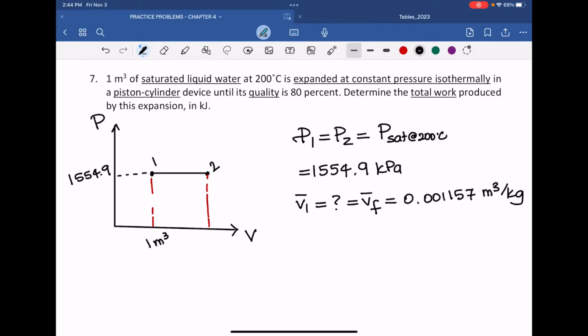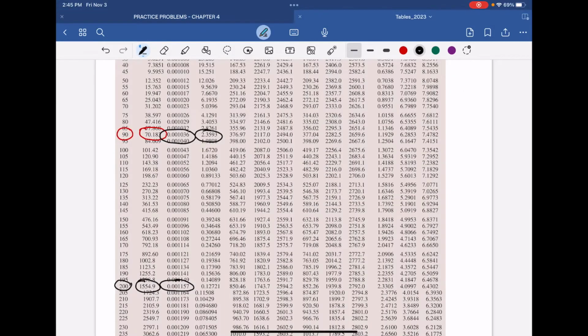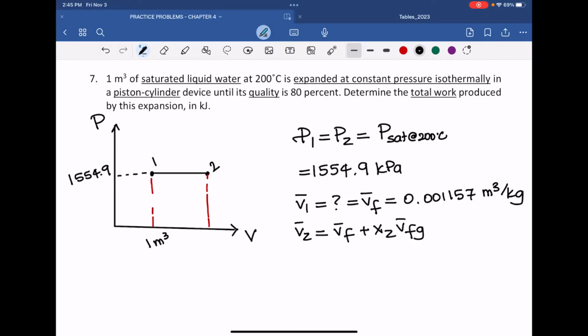Second, the specific volume at the second state. It's a mixture, so you need to use quality to calculate it, which they already give to us, right? So I just need to plug in everything I know. First of all, we are at the same pressure, there's a mixture now, so we can read vf and vg and calculate vfg from their difference, and then plug it in here.